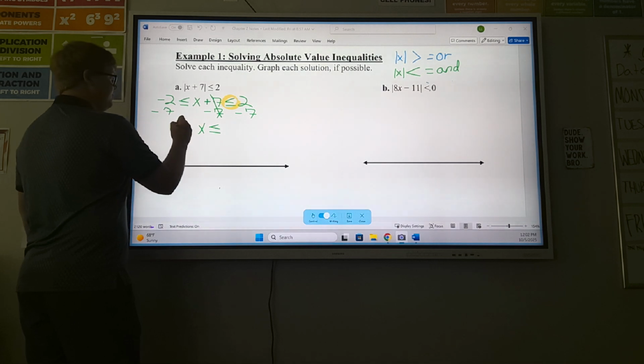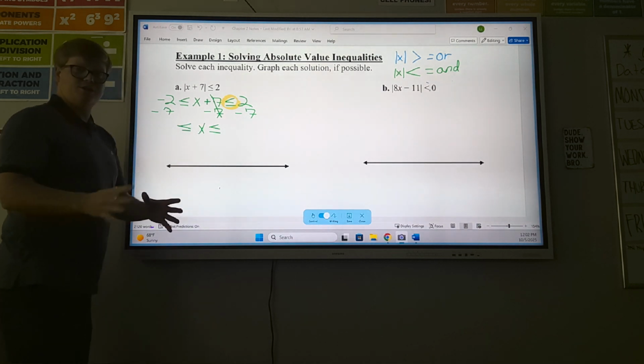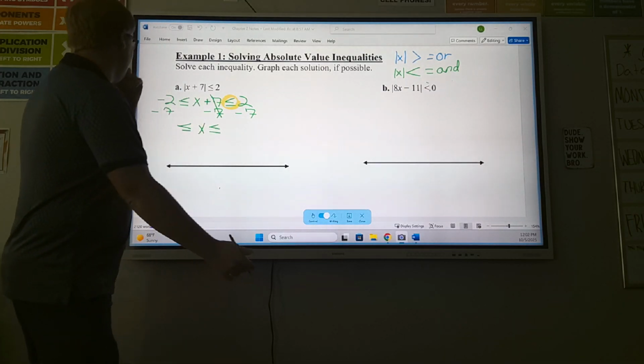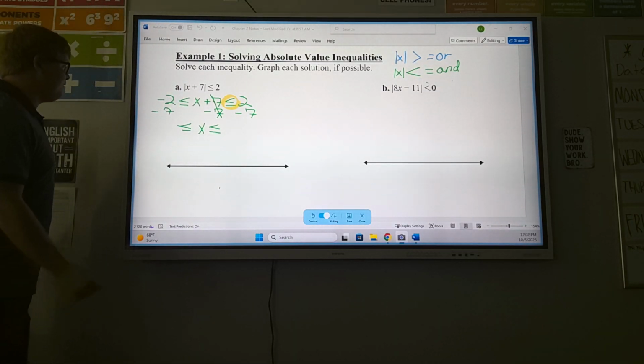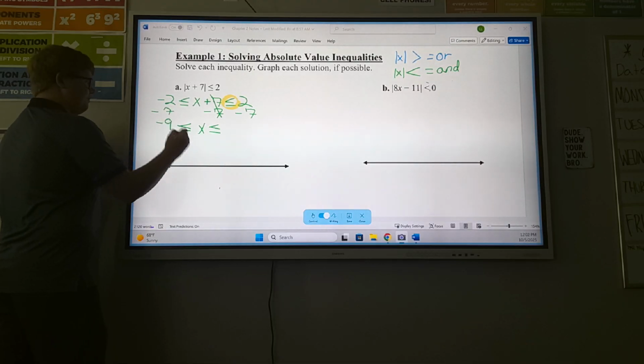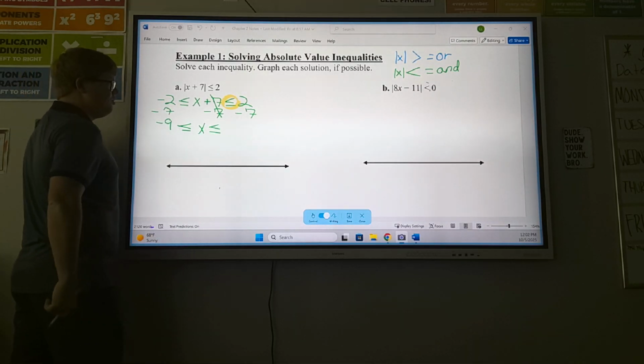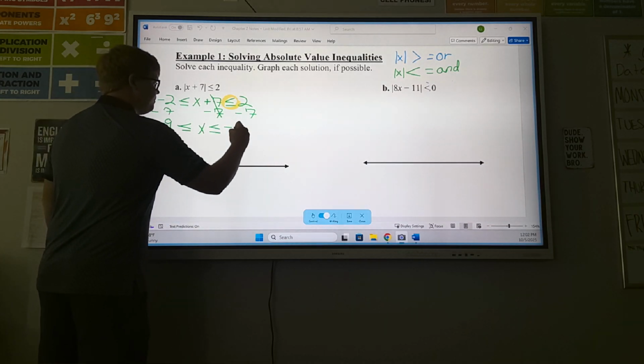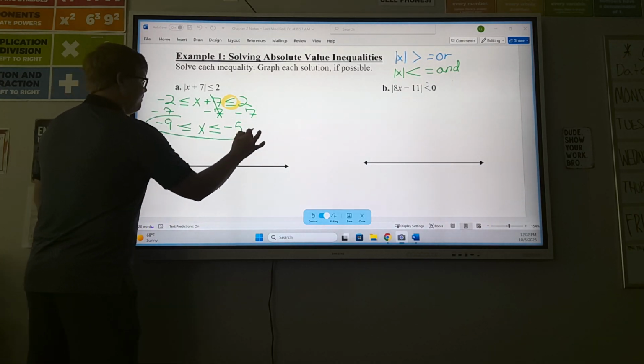Let's go ahead and keep our signs the same. Again, we only switch our signs around when we are multiplying or dividing by a negative number. So let's start over here. Negative 2 minus 7 is a negative 9. Over here, 2 minus 7 is a negative 5. This is our answer, right?